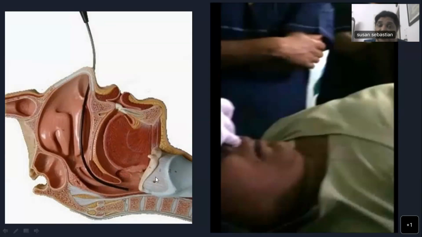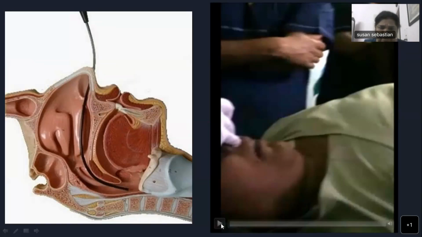You can assess whether it's a floppy epiglottis or whether it's obstructing the airway. And then you will be able to see the laryngeal inlet. So you have to continue until you can see the laryngeal inlet clearly. You don't have to enter into the laryngeal inlet, but you should be able to visualize it.